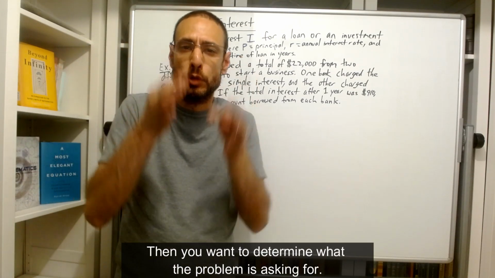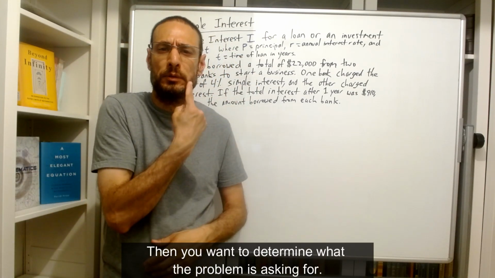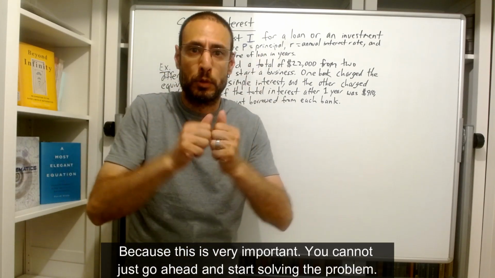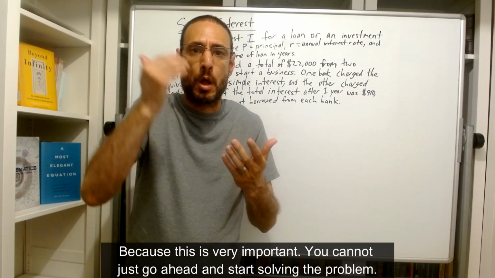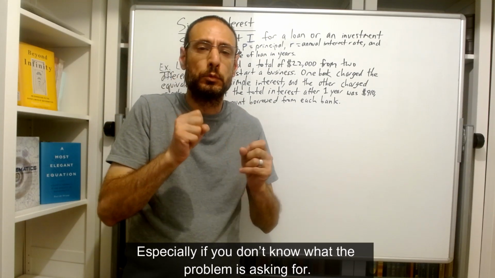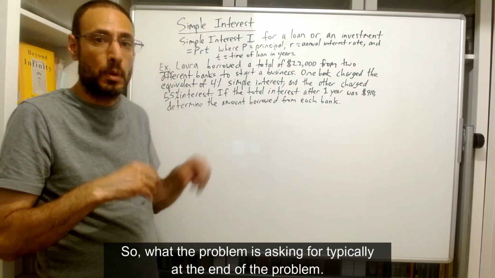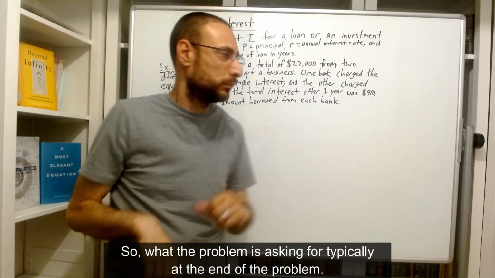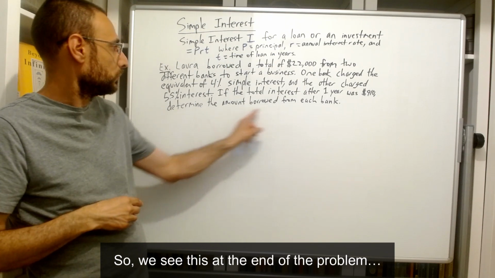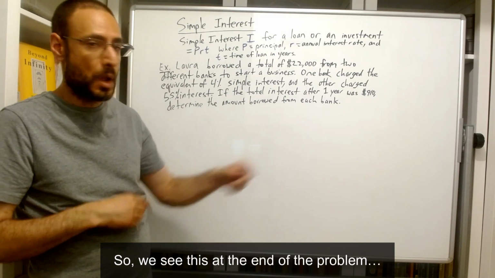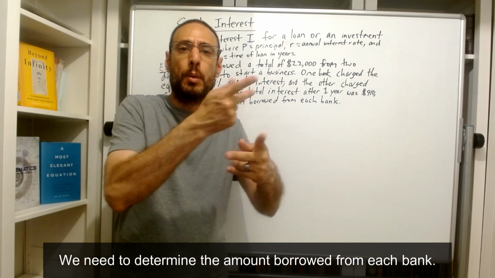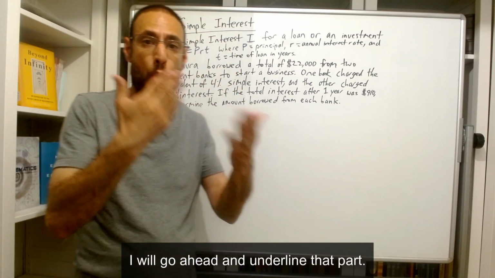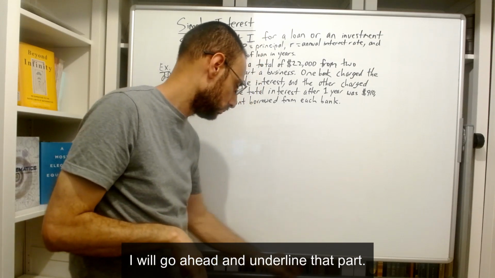Then you want to determine what the problem is asking for. Because this is very important. You cannot just go ahead and start solving the problem, especially if you don't know what the problem is asking for. What the problem is asking for is typically at the end of the problem. So, we see this at the end of the problem. We need to determine the amount borrowed from each bank. I will go ahead and underline that part.